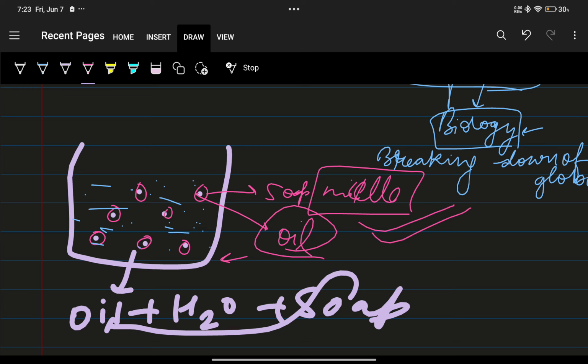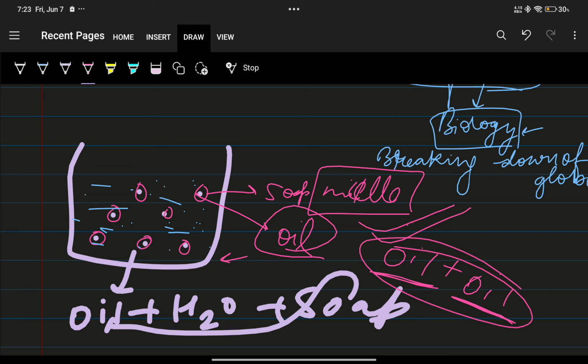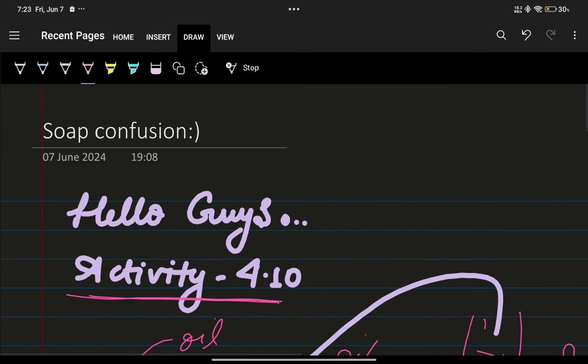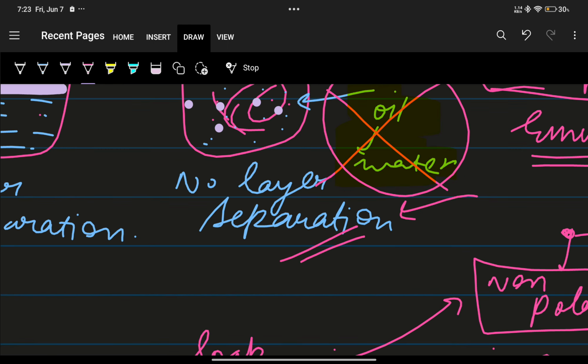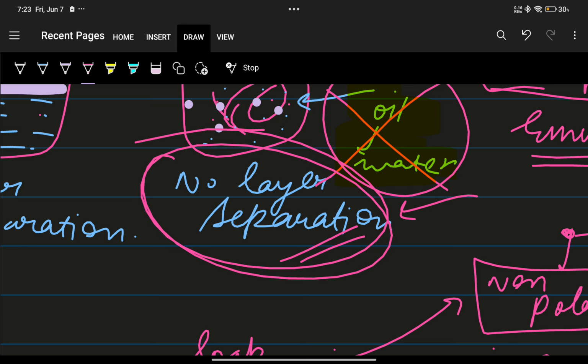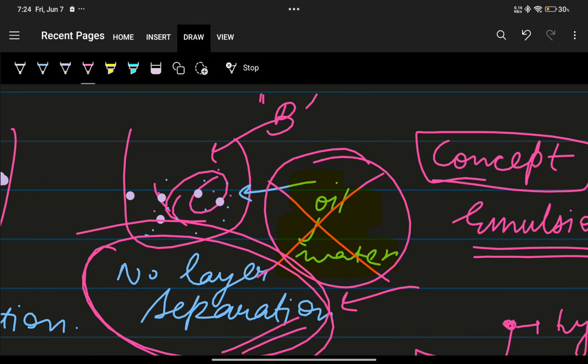So you need to understand that the micelle is the reason due to which oil is not able to join oil. Basically, some part of oil is not able to join some other part of oil, so they're not able to form a layer. That's the reason why we are not able to see the layer, why there is no layer separation, because we had micelles around the portions of oil.